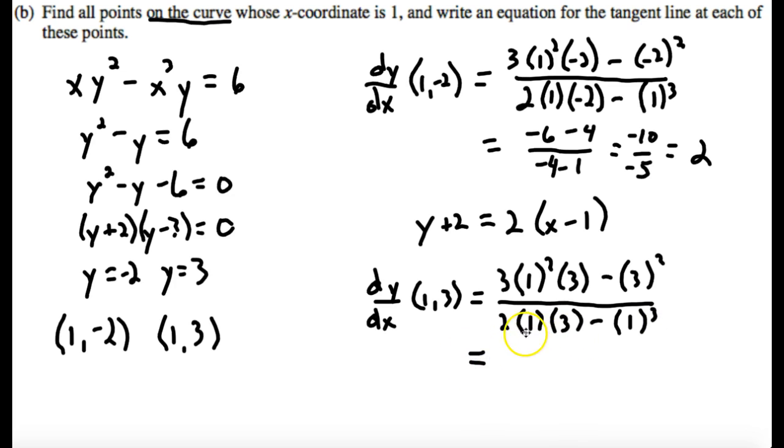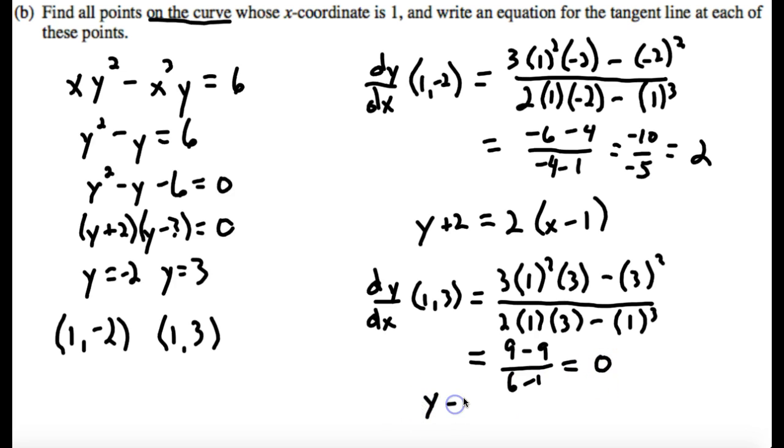So we end up with 3 times 3 is 9 minus 9 over 6 minus 1. So that's just 0. Right? So now we have the point (1, 3) and a slope of 0. So I could write out this whole thing.